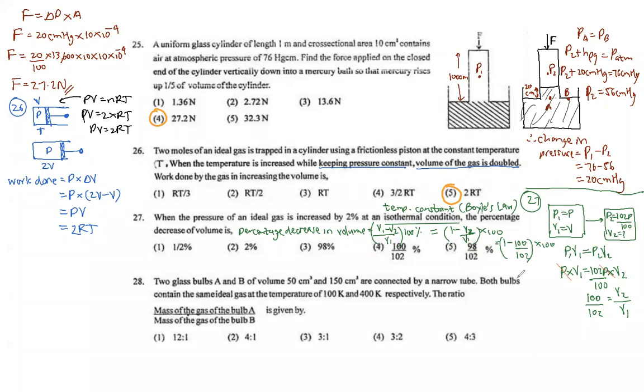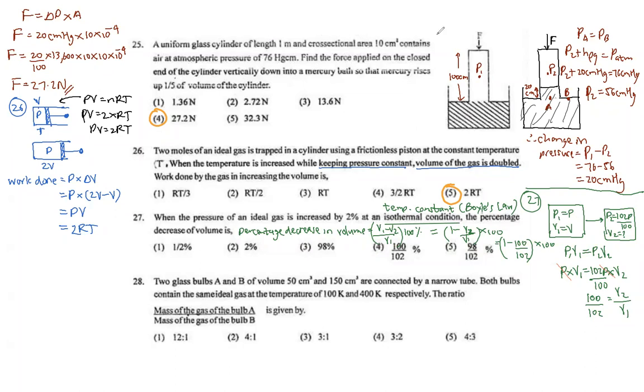200 over 102. Percentage decrease in volume, pressure is increasing by 2%. Isothermal condition means it's Boyle's law, so this is the equation.